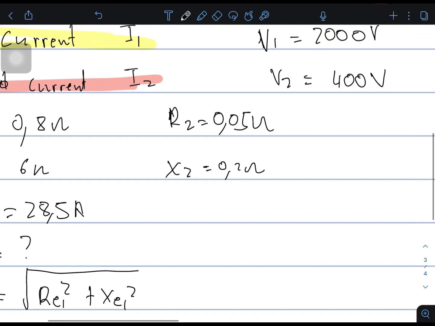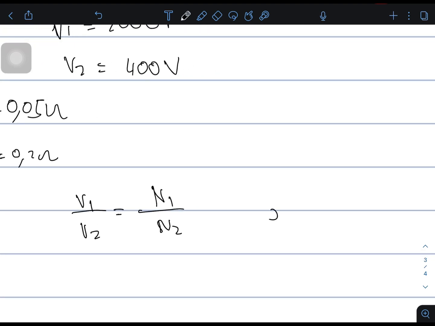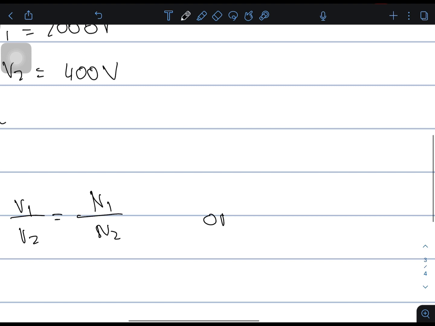The turns ratio is V1 over V2, which is equal to N1 over N2. It doesn't matter if you flip it. If I say N2 over N1, then V2 over V1 is still the same as N2 over N1.